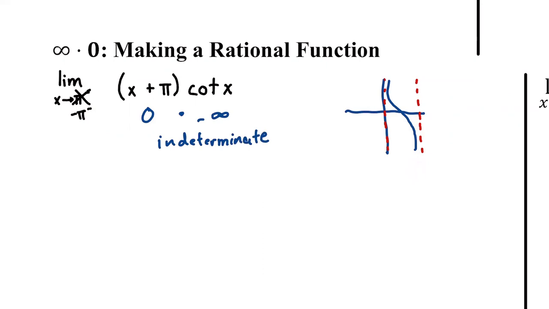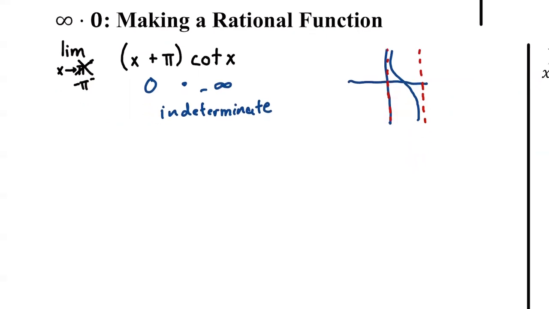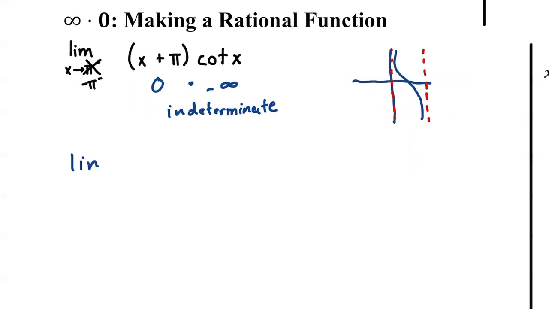So now we know we can use L'Hopital's rule because we verified it's an indeterminate form, but we're still not in a scenario where we can use it. So in order to use L'Hopital's rule, I'm going to consider the limit as x approaches negative pi from the left-hand side, but I'm going to use the reciprocal function associated with cotangent.